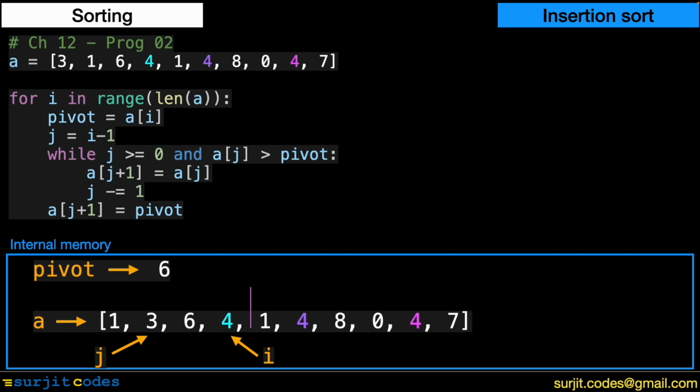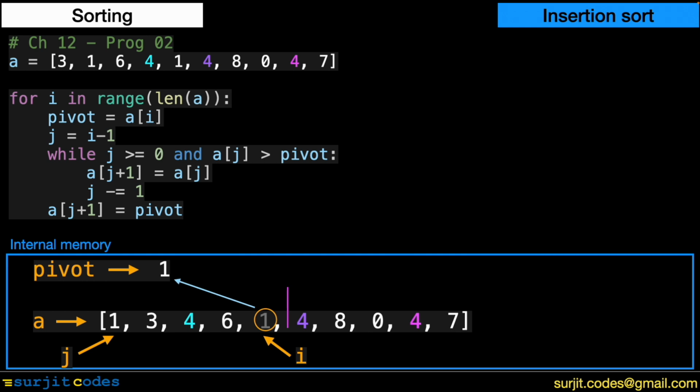In the next iteration of i, we save 4 as pivot and consider it as a hole in the sublist. j starts with i-1. 6 is greater than 4, so we move it right to the hole and decrease j by 1. 3 is not greater than 4, so we come out of the while loop. Present hole is the position where we bring back the pivot. Sublist of 4 items is now sorted.